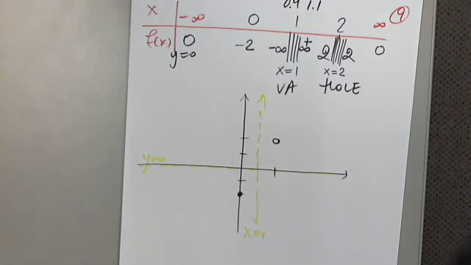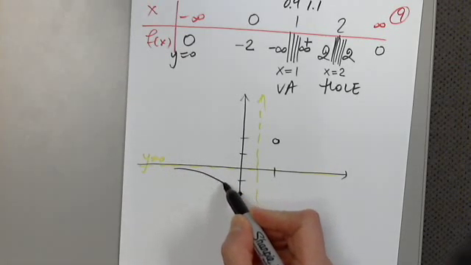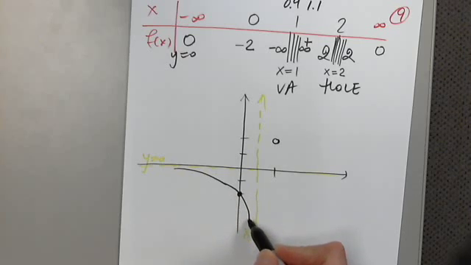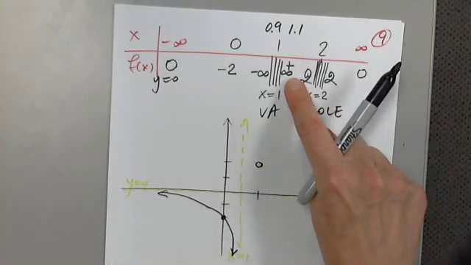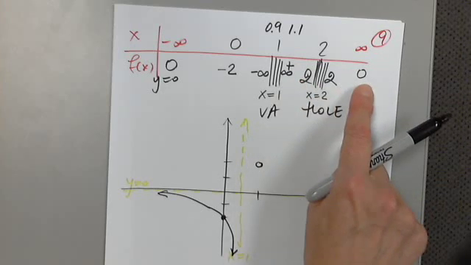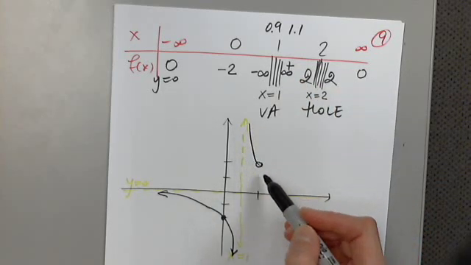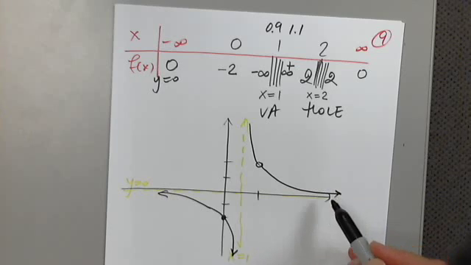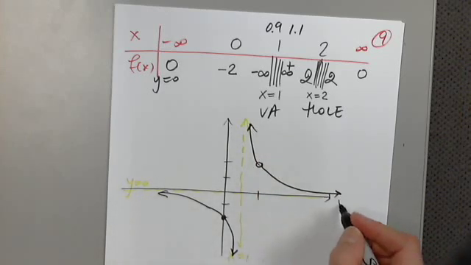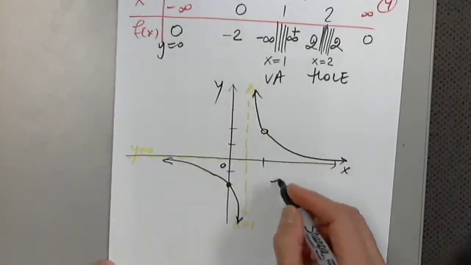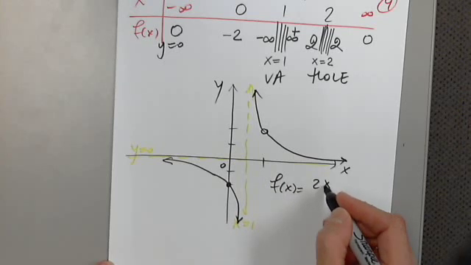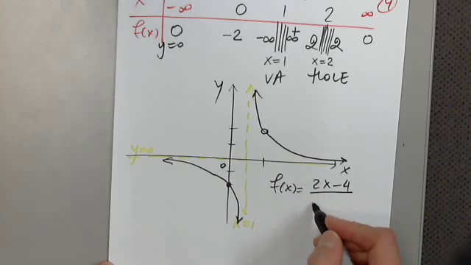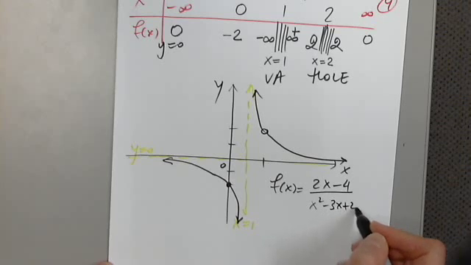Okay, no problem. On the other side, from positive infinity going through the hole and to 0. Fine. So this is f of x equals (2x minus 4) over (x squared minus 3x plus 2).